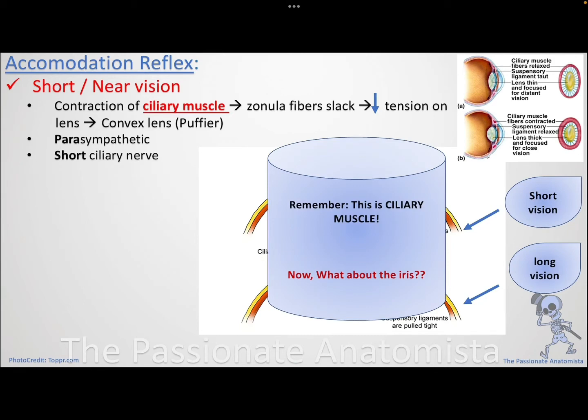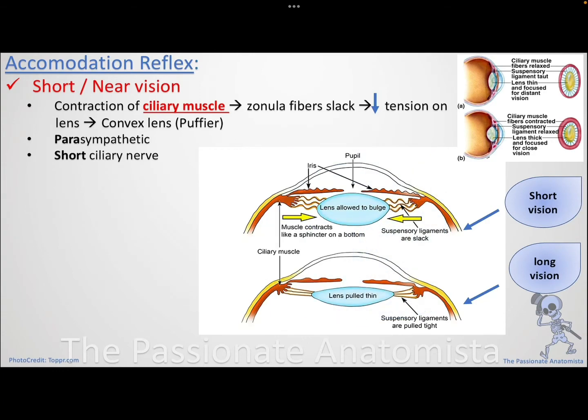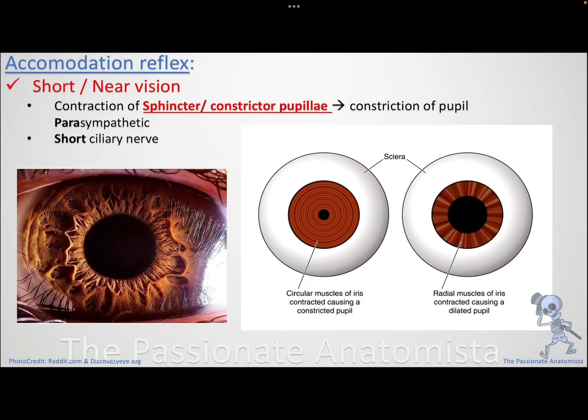Now, what happens to the iris then? Here, we explained everything related to the ciliary muscle. What about the iris? Remember, the iris is your diaphragm, because the light goes into the eyeball through the defect in the iris. I have the pupil. My pupil is what brings the light to my eyeball. What will happen if I have something that's near to my eye in a near vision?